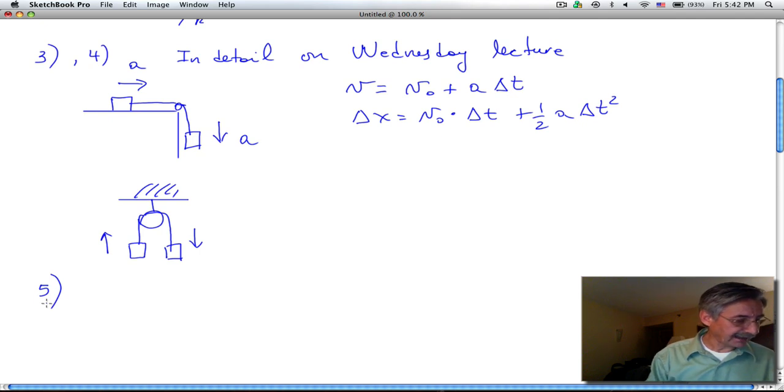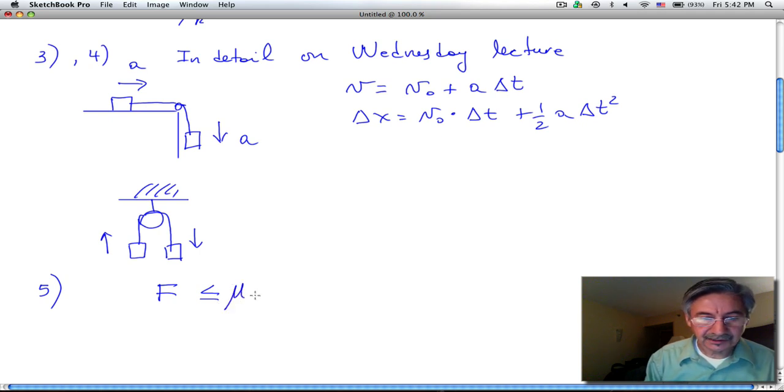Problem number 5 is again a problem of friction, and is again the fact that the force of static friction, the force that you try to pull to get an object moving, is always equal to the coefficient of static friction times the normal force.